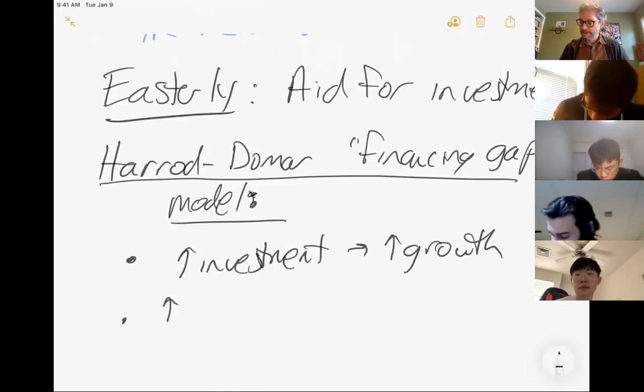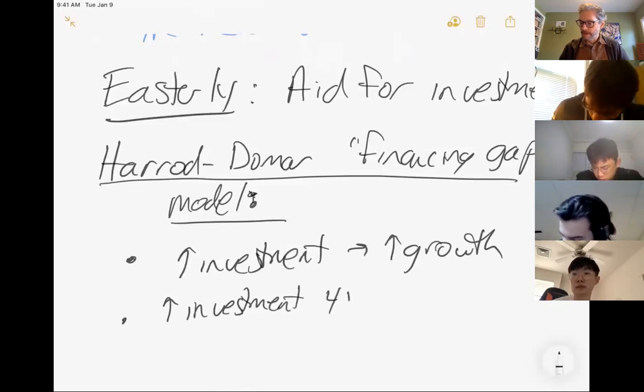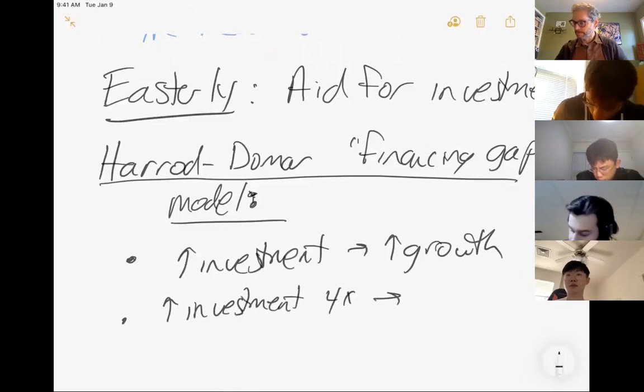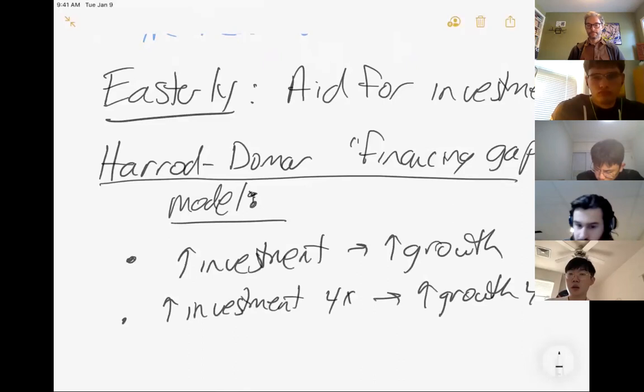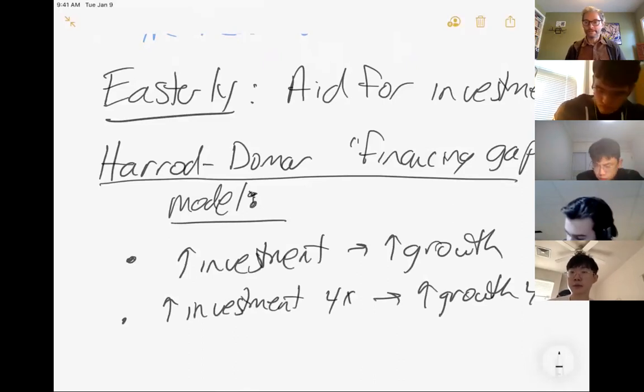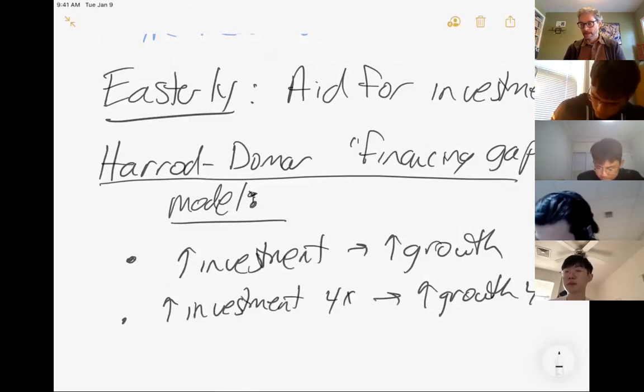If you increase investment by 4 times, how much will growth go up by? 4 times. So if I want to double my rate of growth, I just double my rate of investment. If I want to quadruple my rate of growth, I quadruple my rate of investment.